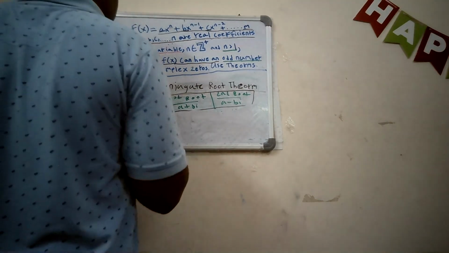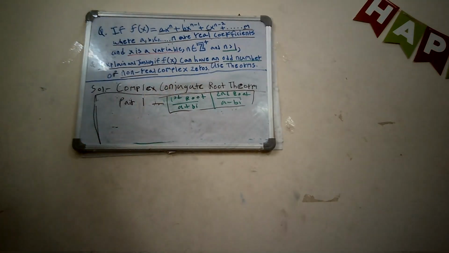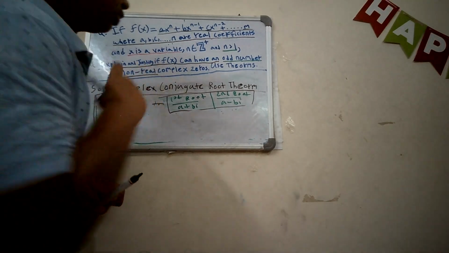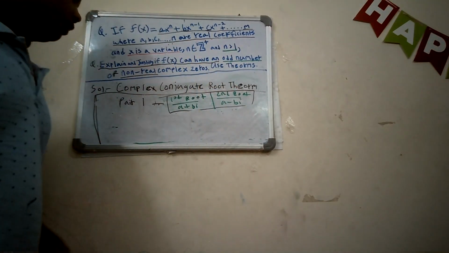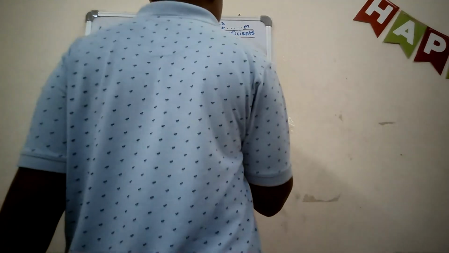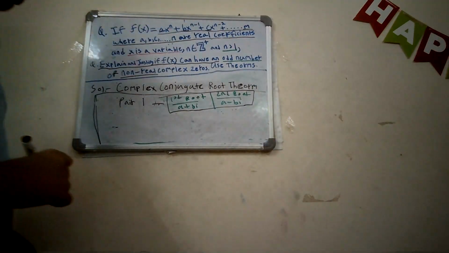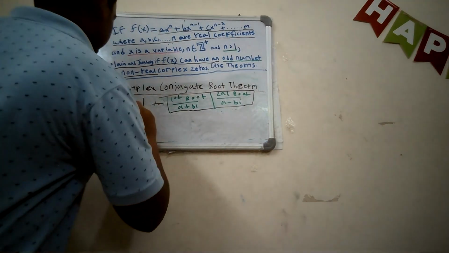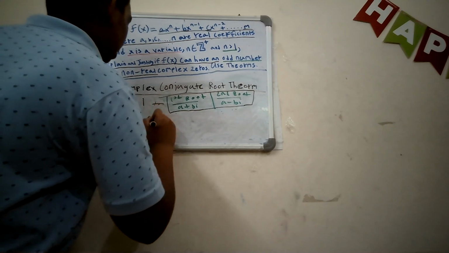So it's not possible for an equation to have a pair with more than 3 complex roots. This is the first pair. These are conjugates of each other. So if we had a second pair, the pair cannot be odd.